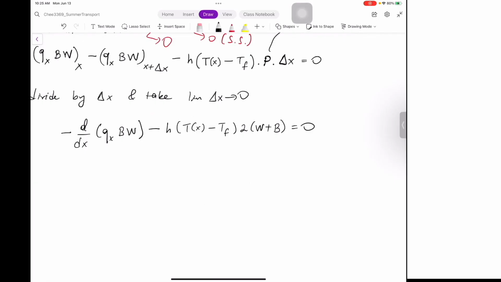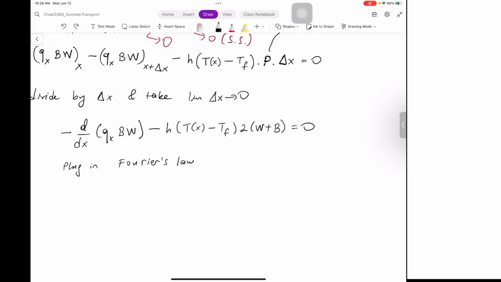Okay, we're almost done. We're going to plug in Fourier's law. Are you missing a delta X? No, I divided everything by delta X. Oh yeah, okay, thank you. So this also actually canceled. So I got rid of this. And the delta X, when you divide this one, you just have it in the denominator. Here it's the derivative, right?